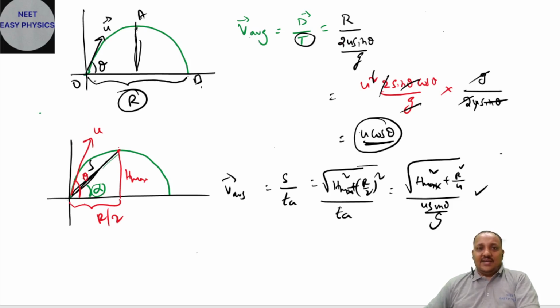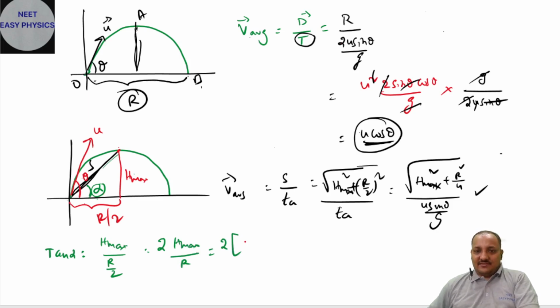From the diagram, tan alpha equals opposite side by adjacent side. So 2 times h maximum by capital R. What is the h maximum equation? h maximum is u square sin square theta by 2g.